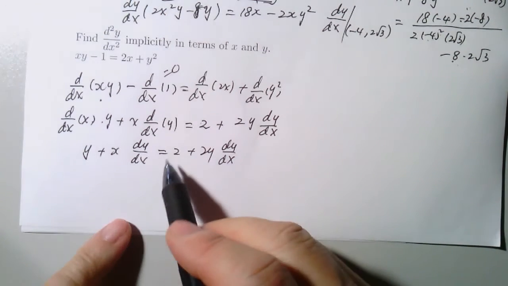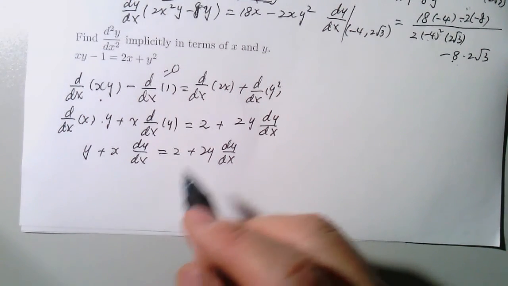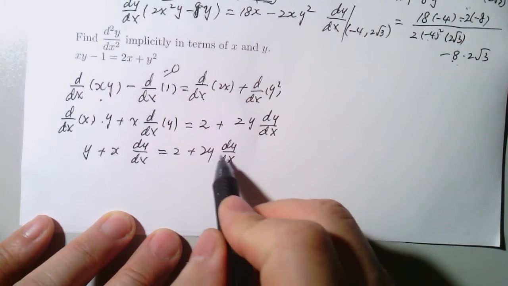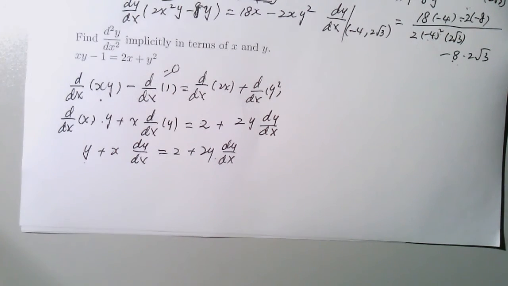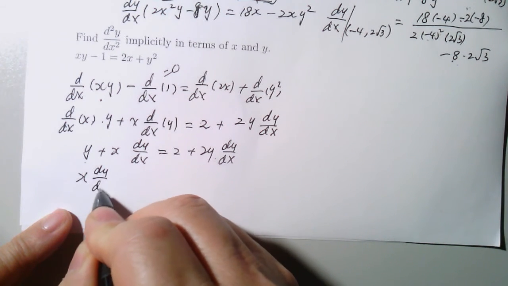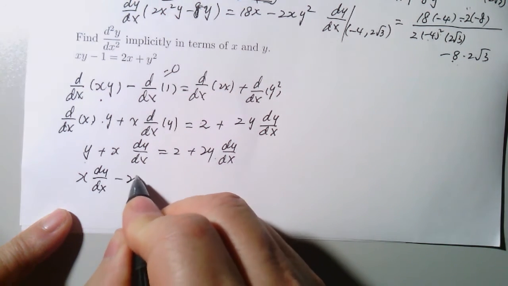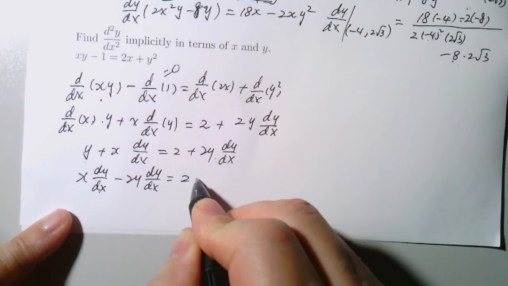Because you want to find dy/dx first, let's move this term to that side and this to that side. So you can see I have x dy/dx minus 2y dy/dx equals 2 minus y.